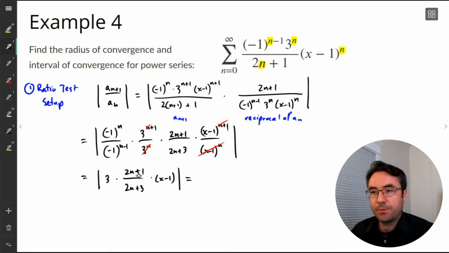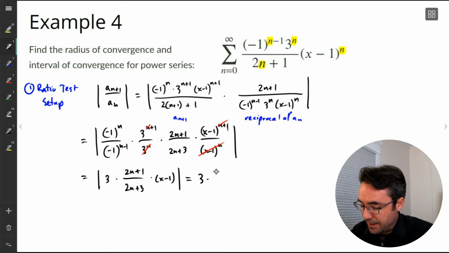So when we rewrite this, when we split up the absolute value sign, absolute value of 3 is 3. Absolute value of 2n plus 1 over 2n plus 3 is just that. The only thing that we can't get rid of with the absolute value sign is this x minus 1 term, because we don't know what x is. Possibly this could be negative.